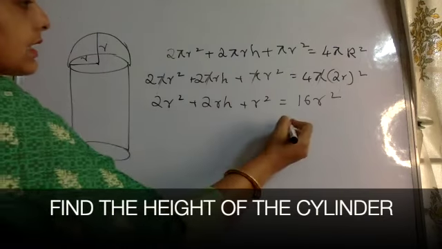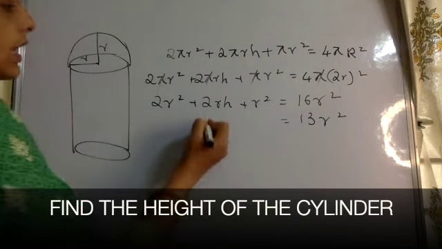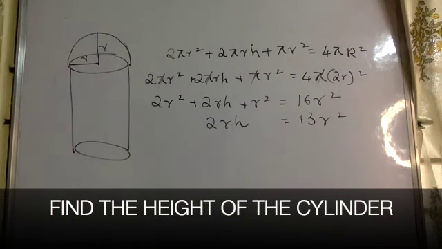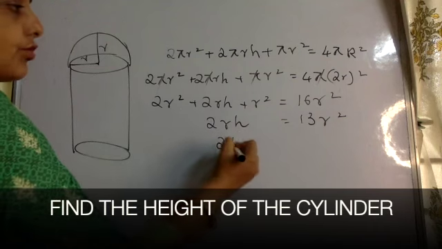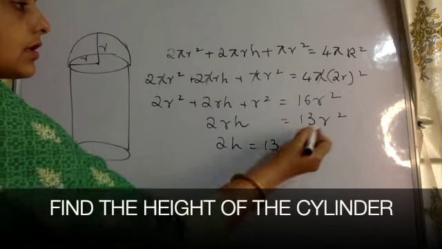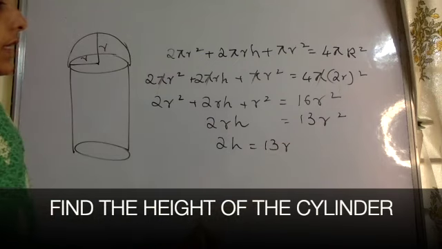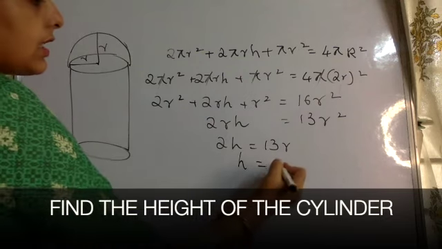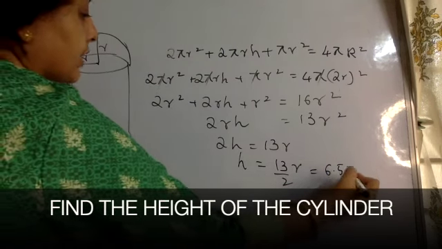If it goes that side, it makes 13r square and 2rh, right? Now I can even cut out one r. So 2h is 13r. Then h, they have asked for the height, is 13 by 2r, which is equal to 6.5 r.